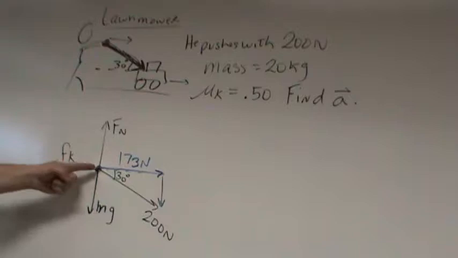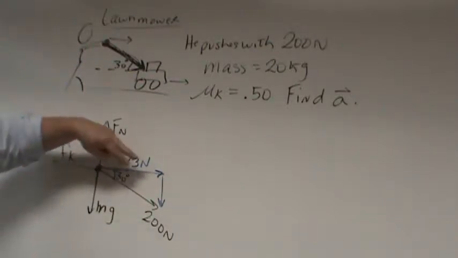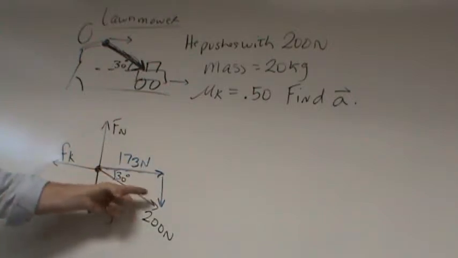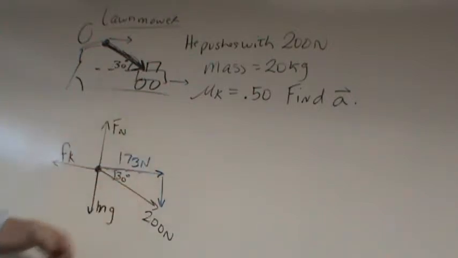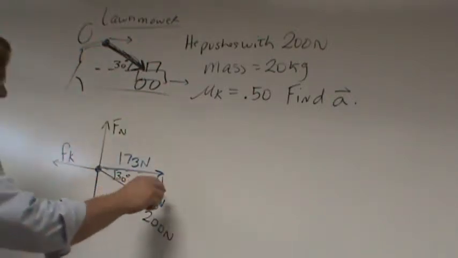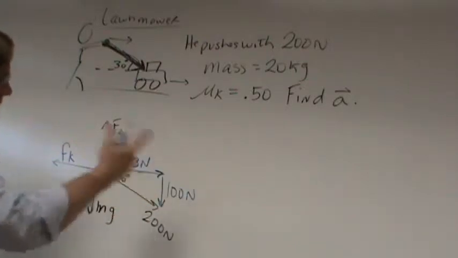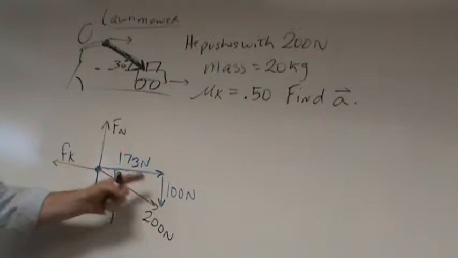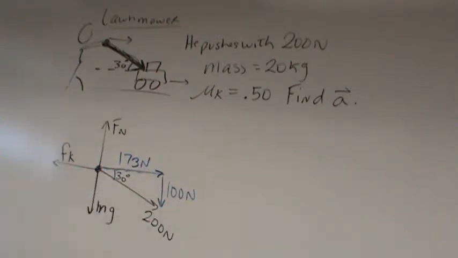That is, if I'm going to start here and end there by walking, I need to walk to the right and then I need to walk down. So I need my components to be pointing to the right and be pointing down. It's a 30, 60, 90 triangle, so I just happen to know that that's what the components are going to be. Half the hypotenuse and then radical 3 times the short leg. But if you need to use your calculator, that's fine.